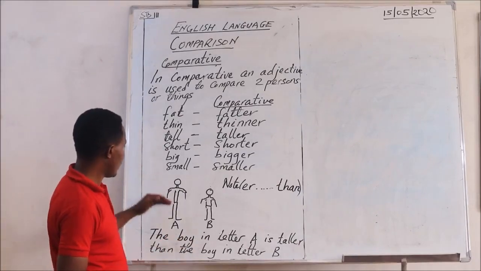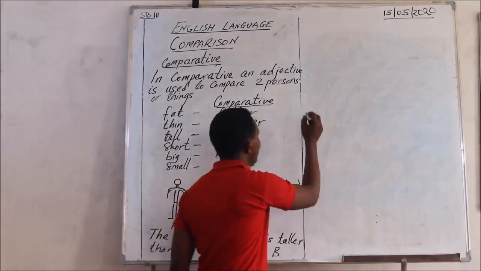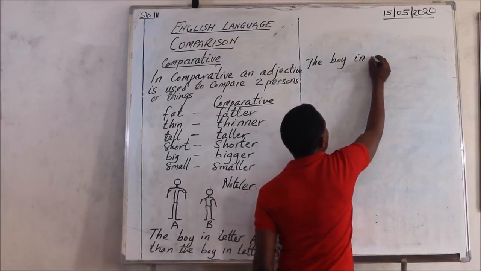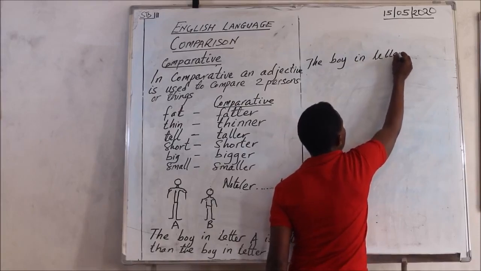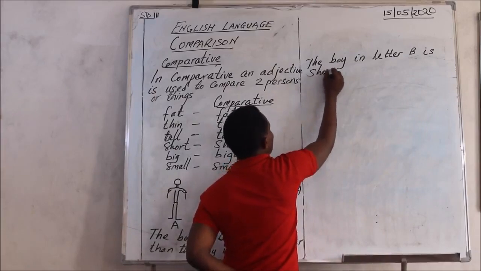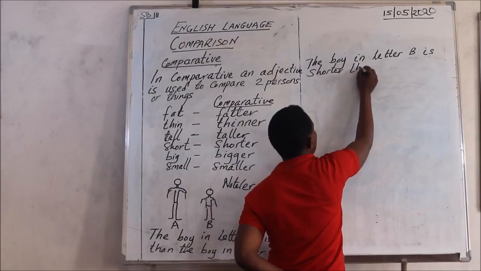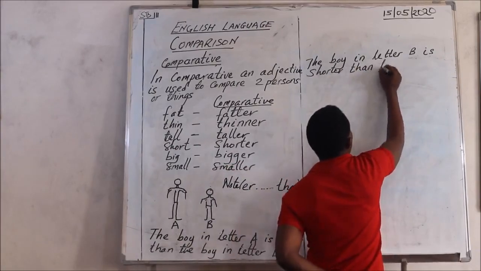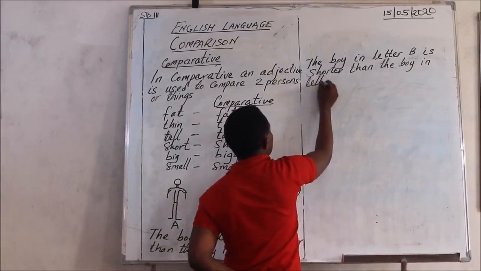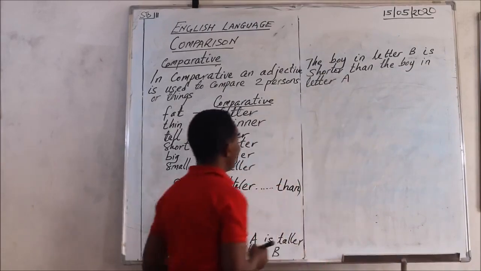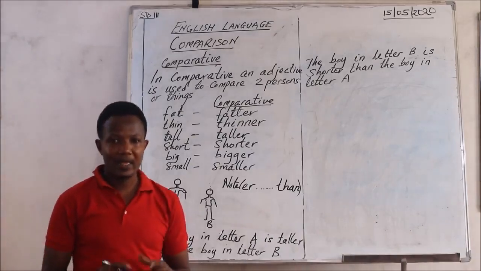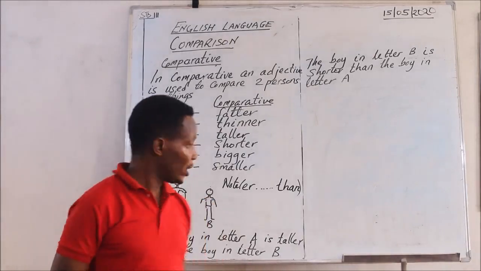So we are going to see with the boy in letter B. I can say the boy in letter B is shorter than, don't forget this word, than, the boy in letter A. So the boy in letter B is shorter than the boy in letter A. I think you have started getting me on how to compare.